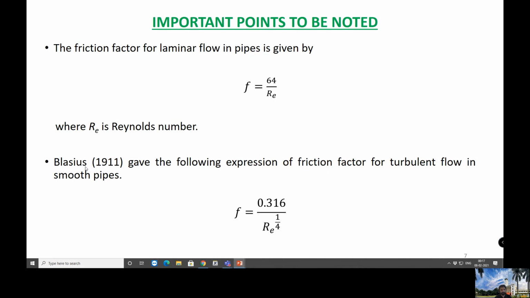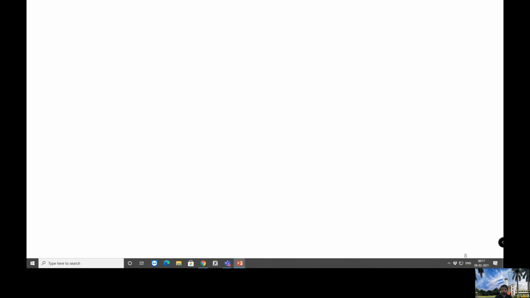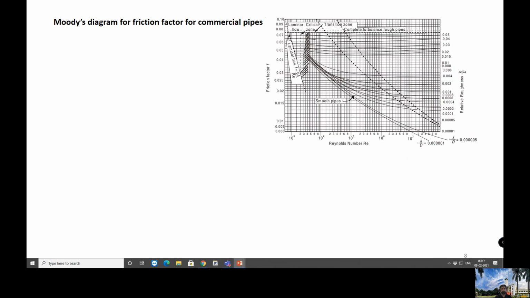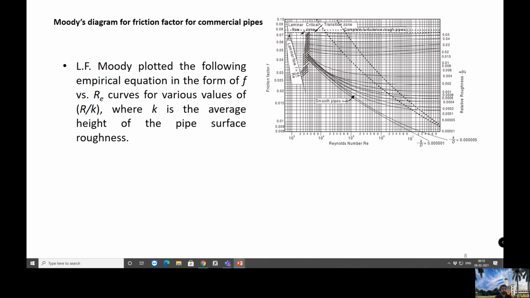However, we can also use the Moody diagram for the friction factor for commercial pipes. Moody plotted an empirical relation, and this Moody chart can also be summed up using an equation. This we have already covered, and you might have also seen it before in our course Hydraulics CE 21003.